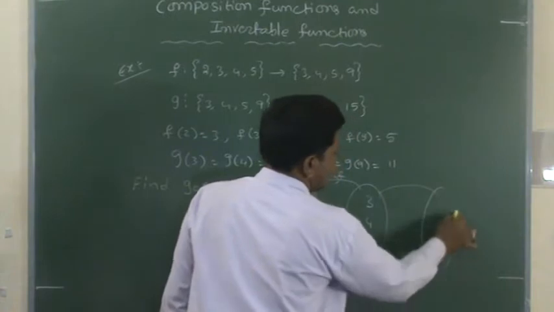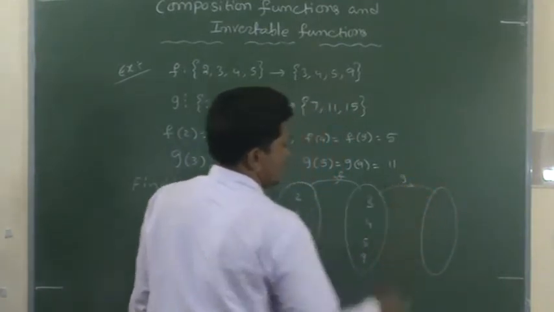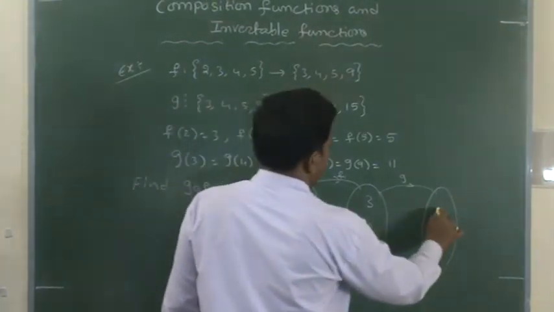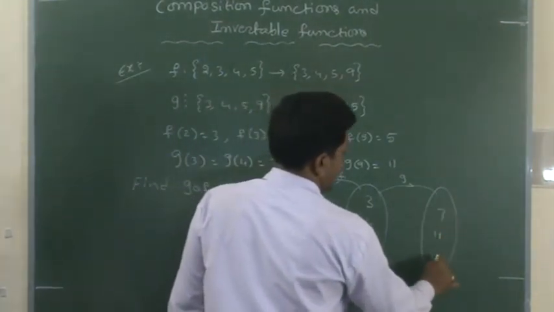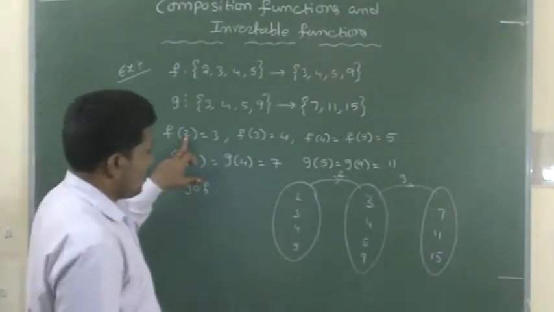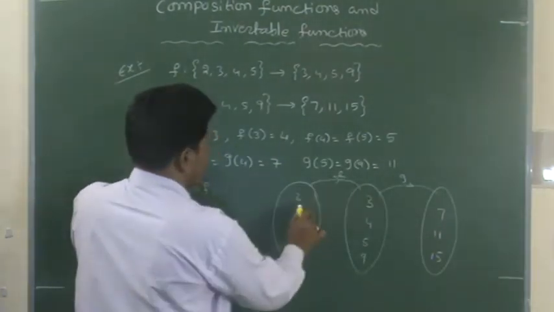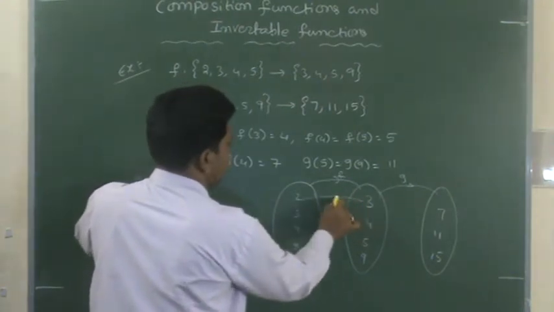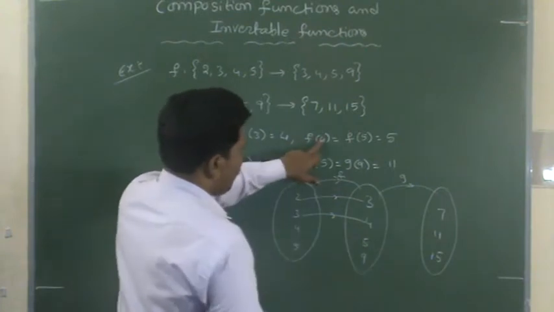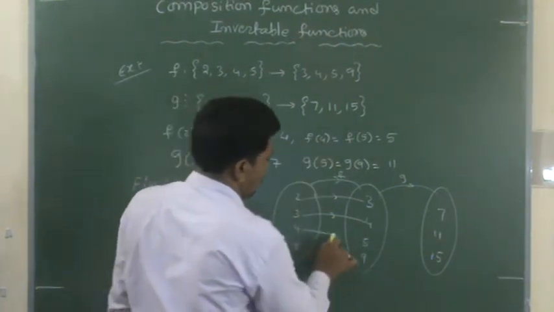There is another function G with 7, 11, 15. Now what are the mappings? With respect to F, 2 goes to 3 and 3 goes to 4. 4 and 5 both go to 5 only.